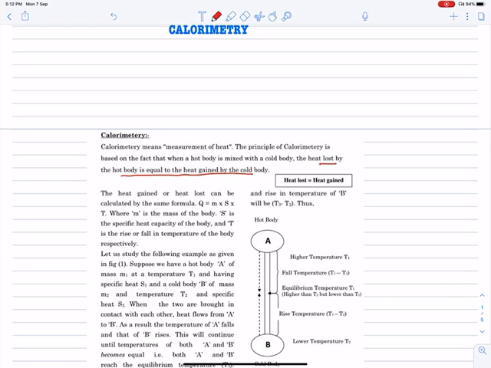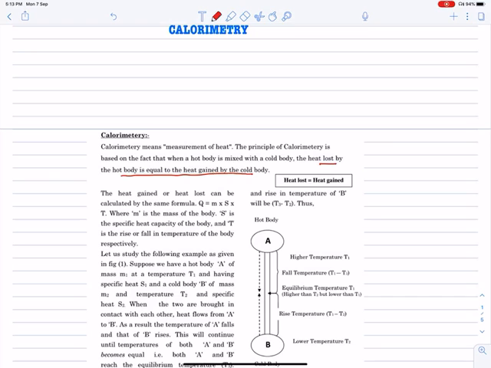If one substance loses heat, then the other substance will gain that heat. It will never be lost to the environment. I'm telling you the basic definition, don't take it as the standard definition. So the heat lost by the hot body is equal to the heat gained by the cold body.